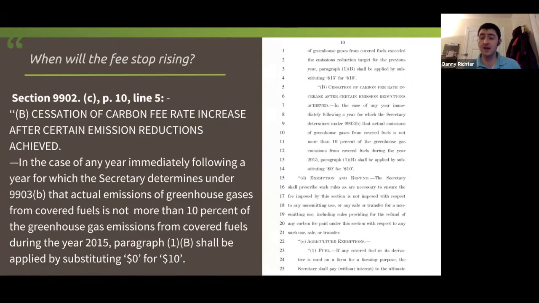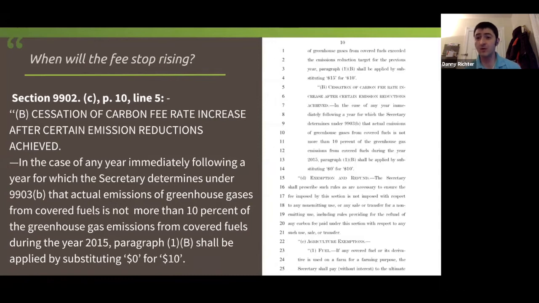This is amending the tax code. So the Secretary throughout the bill refers to the Secretary of the Treasury, for which the Secretary determines under 9903B that actual emissions of greenhouse gases from covered fuels is not more than 10% of the greenhouse gas emissions from covered fuels during the year 2015, paragraph 1B shall be applied by substituting 0 for $10.